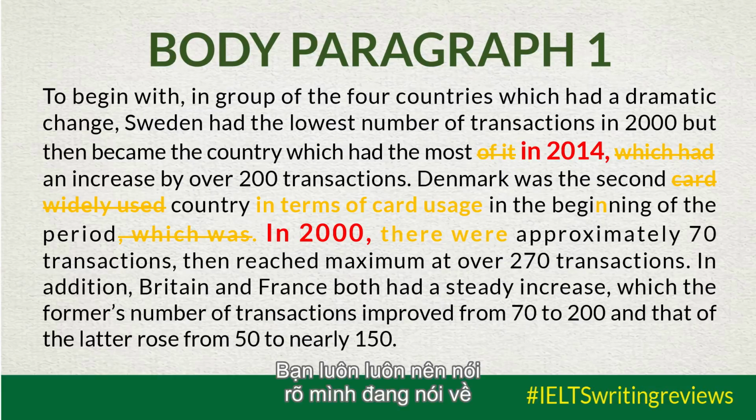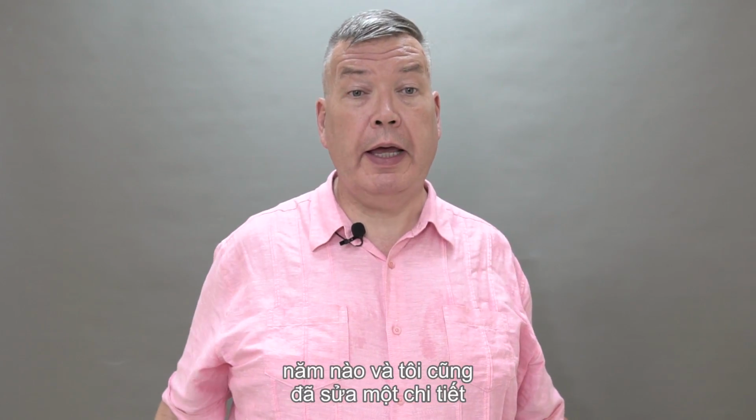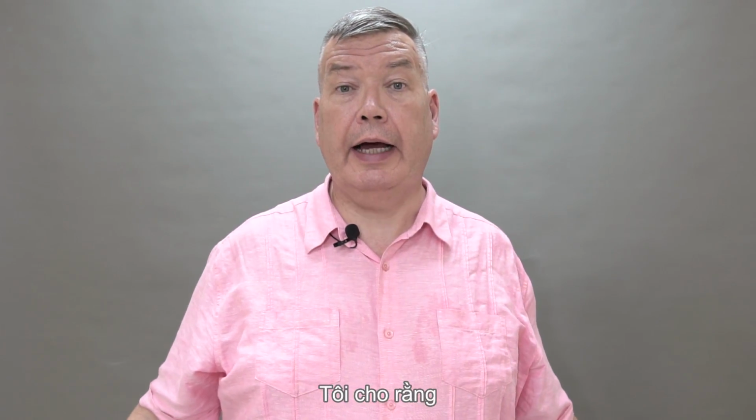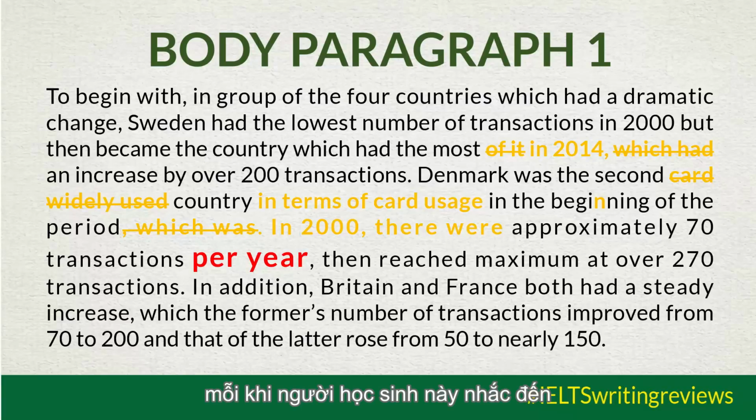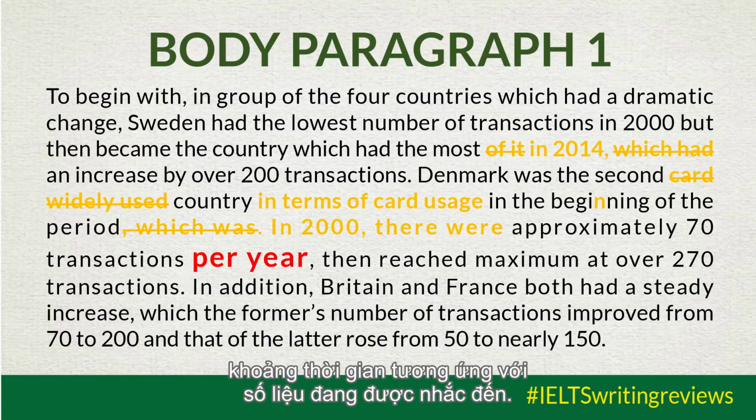And you should always make clear what time you're talking about. And so I also made a little correction in that I felt that every time the student mentioned a number, she needed to use either the word annually or the phrase per year, so it was clear exactly what amount of time the numbers referred to.